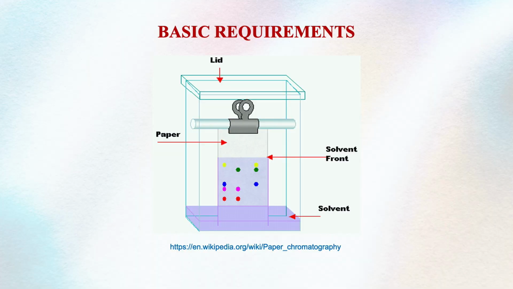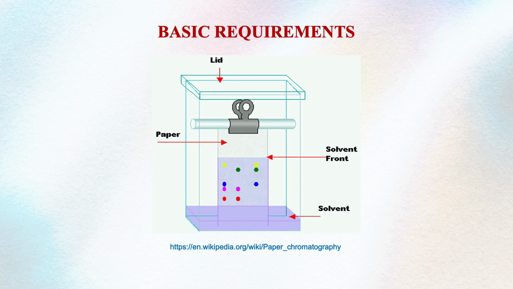So coming to these basic requirements, as I said, if you see in this picture, you can observe that there is a glass jar, and in the middle you can see there is a hanging paper. That's nothing but your Whatman number 1 filter paper. And at the bottom of this glass jar, there is a colored solvent.